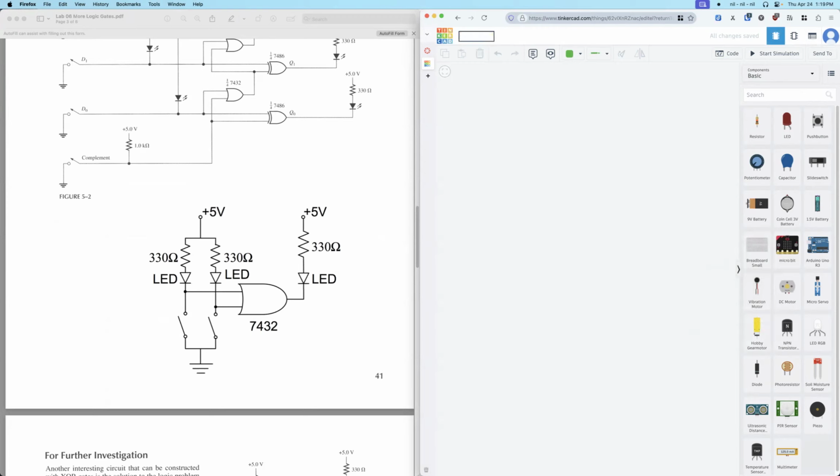Change the name, lab 06. Maybe because I will do 2, so this is 1.